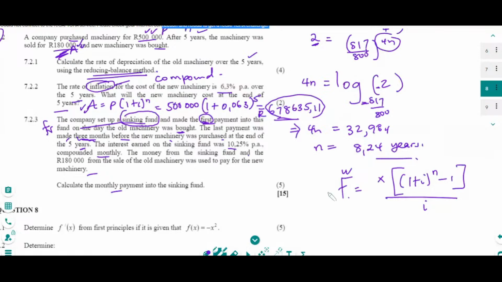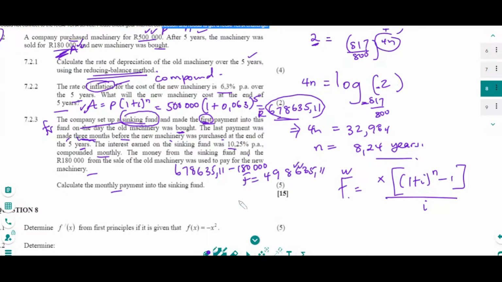So we take 678,635.11 and subtract the 180,000. Which means our F is going to be 498,635.11. So that's the future value. This is the target that we must raise within that period of time.